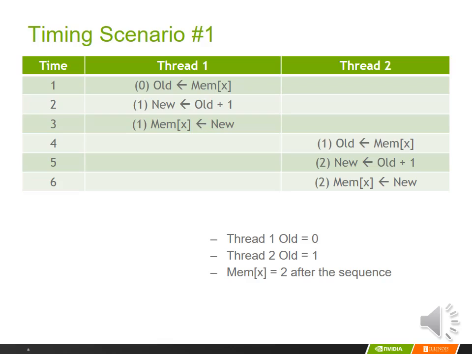At time 6, thread 2 will write the new variable value 2 into memory location X. So after the execution of the entire sequence, thread 1's old variable value will be 0, thread 2's old variable value will be 1, and the value in the memory location X will be 2. And this is a good outcome.